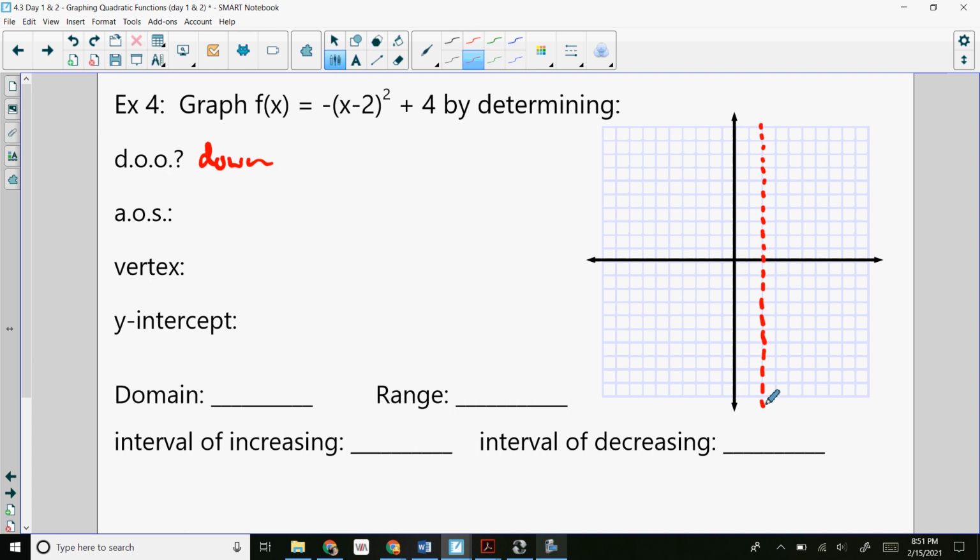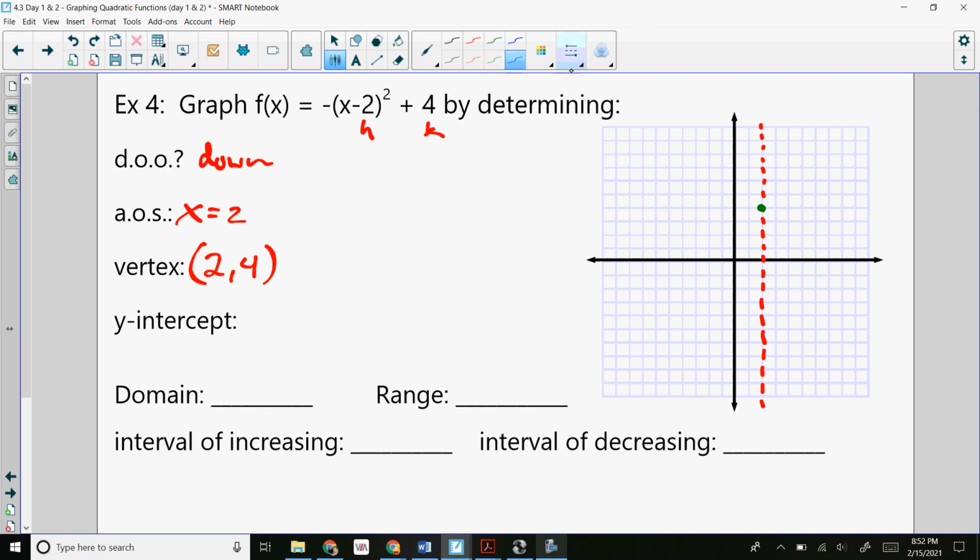And so that dotted line is going to be my axis of symmetry, which is just x equals 2. The vertex then is the h, k. And if you remember, this is h and this is k. So it's going to be 2, 4. And I can plot that. I'm going to put that maybe in green. 2, 4, 2, 1, 2, 3, 4. It'll be right there is the vertex.